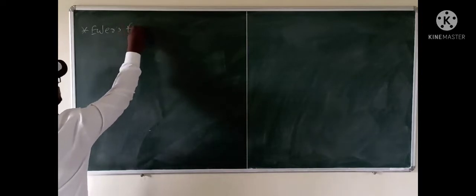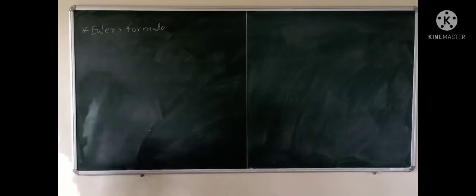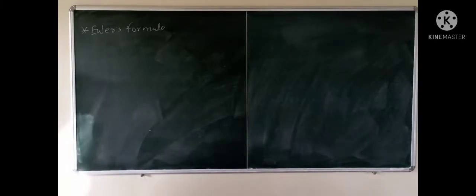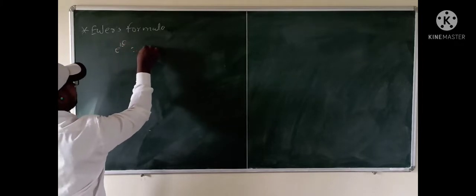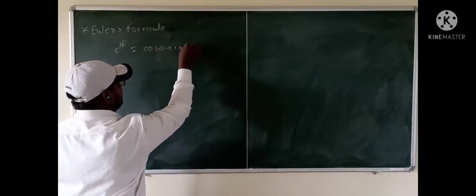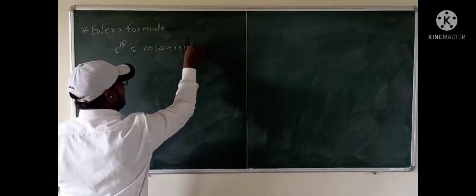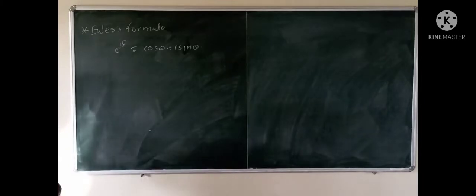Euler's formula is written as e raised to i theta is equal to cos theta plus i sin theta. This is Euler's formula.